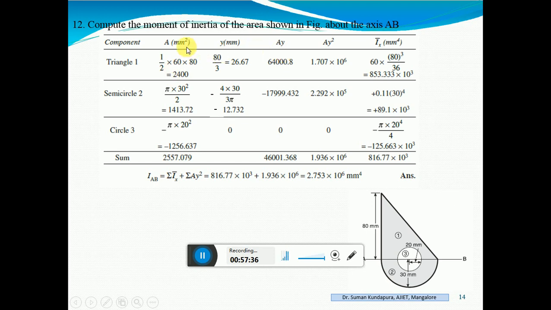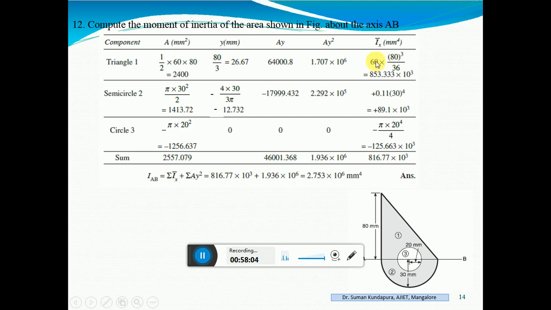So simply find out what is Ay for each figure, find out what is Ay square for each figure, do the summation of each column, and find out what is Ix bar. When I need to find it with respect to the x-axis, it comes as Ix bar. So it is the summation of Ix bar I need to find out.